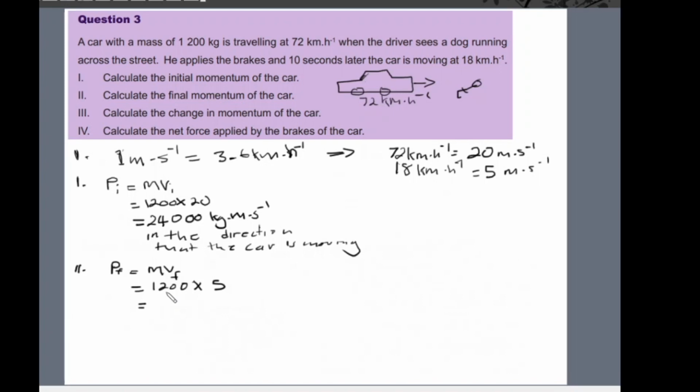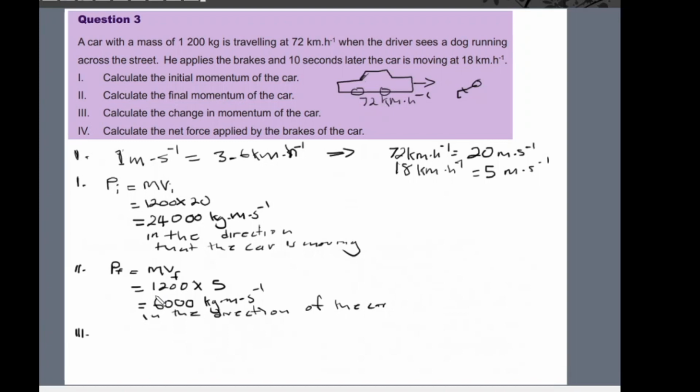Okay, and then question 3, but calculate the change in momentum. So the change in momentum is equal to the final momentum minus the initial momentum.